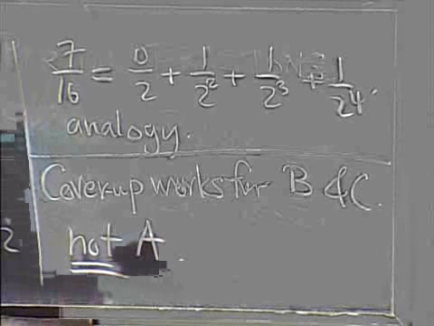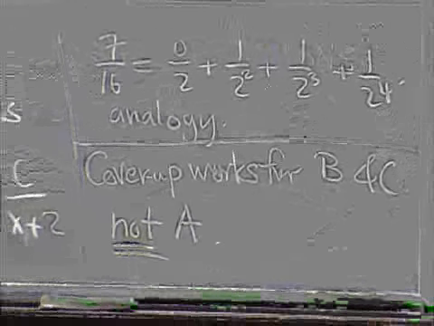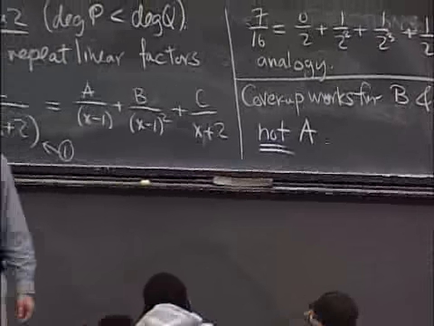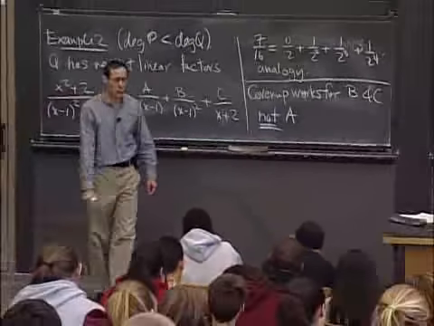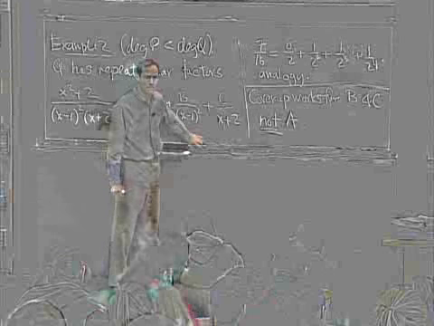We will have a quick method for the numbers b and c to figure out what they are, but it will be a little slower to get to a, which we will do last. Let me show you how it works.